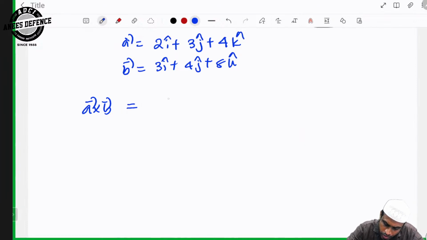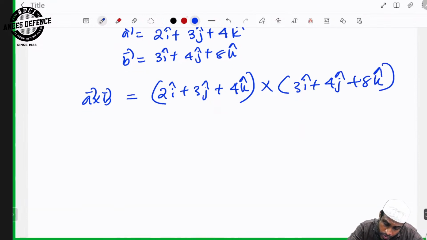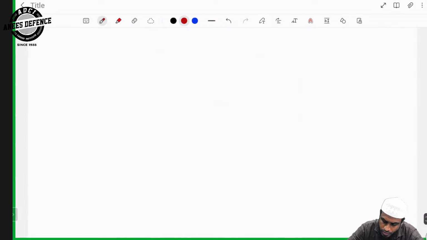In normal multiplication, 2i, 3j, 4k cross 3i, 4j, 8k. Now 2i, 3, 2i. Then one thing I have to say, we can see here. After that, we will discuss that.